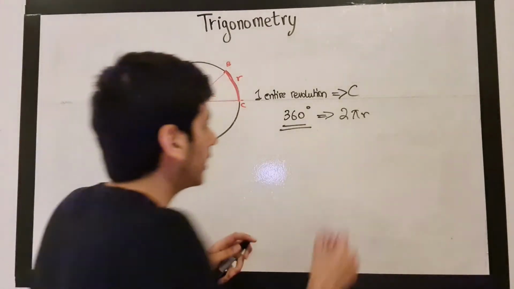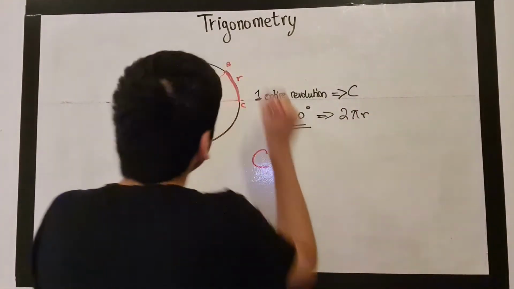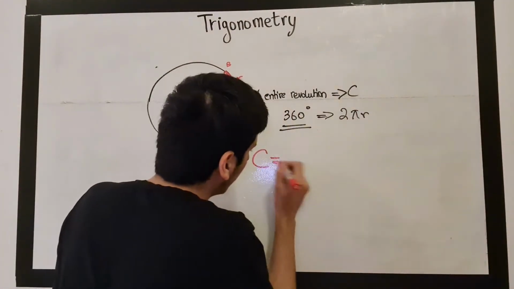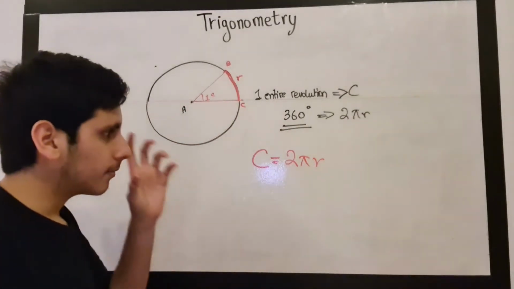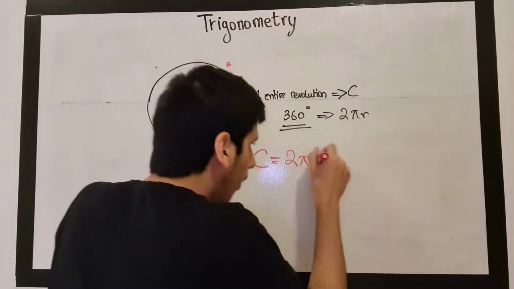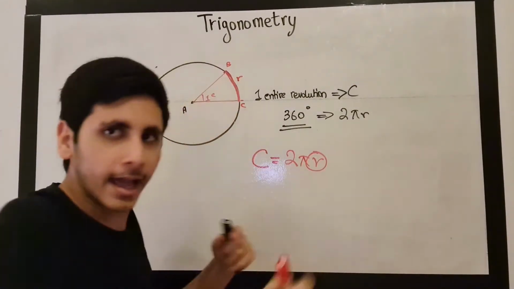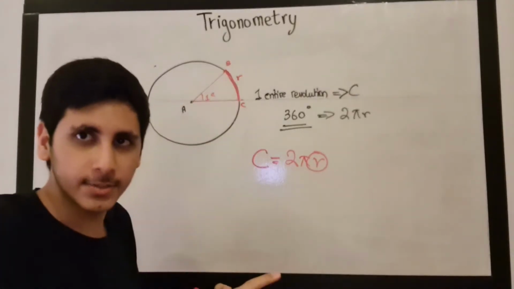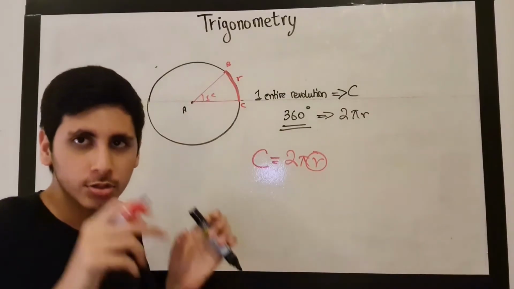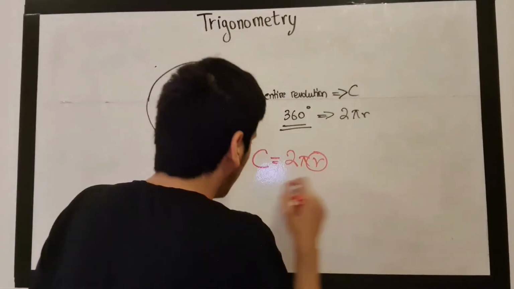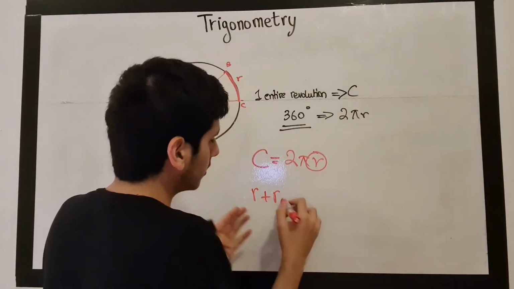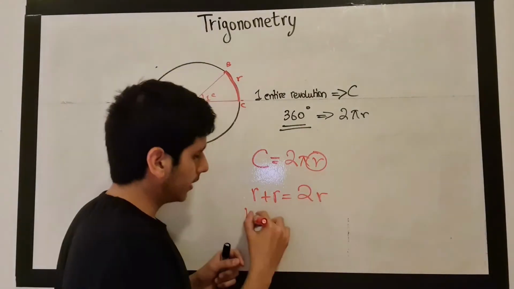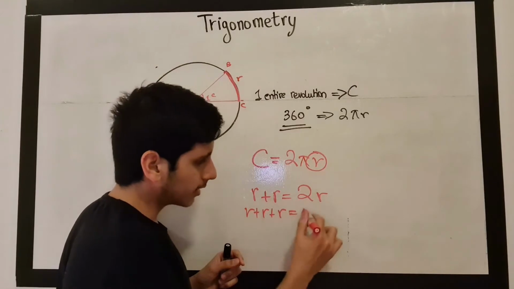You also know that the circumference of this circle C would equal 2 times pi times r. So we can think of it as r being added 2 pi times. Okay, it's very crucial to understand this part. If we add r 2 times, we get 2r. If I add r 3 times, I get 3r.